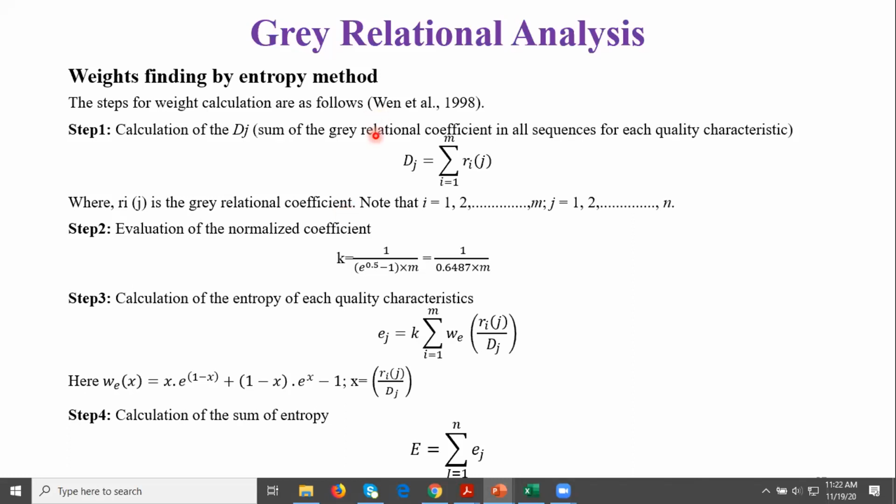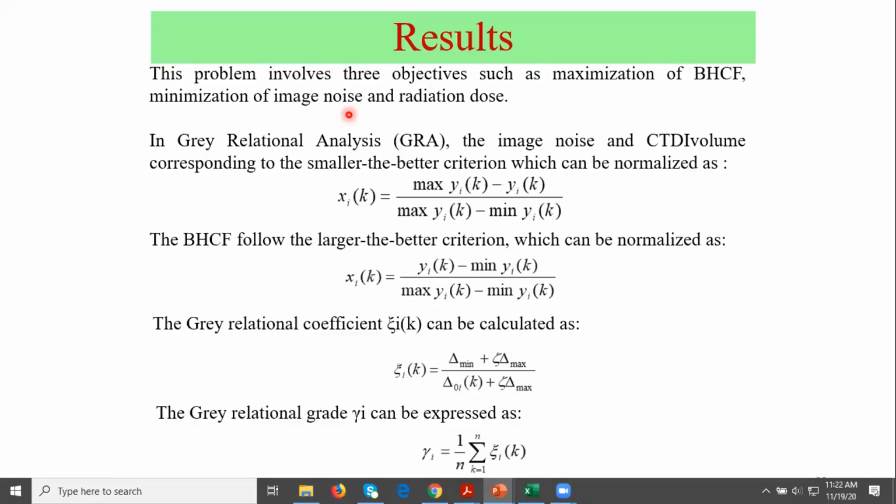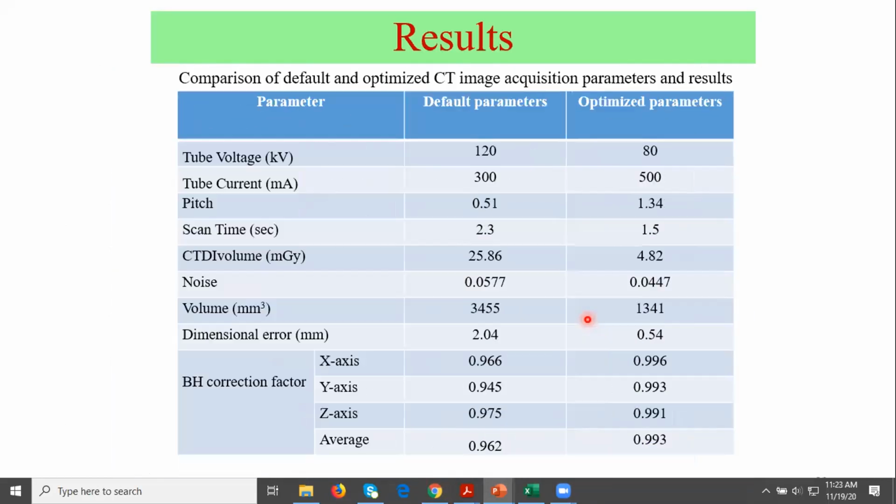In the previous case, we took the gradation coefficients to calculate the gradation grade. Now the gradation coefficients are used directly to find the weights, and that is what we deal with in the entropy method.